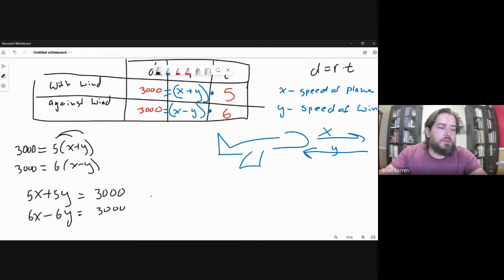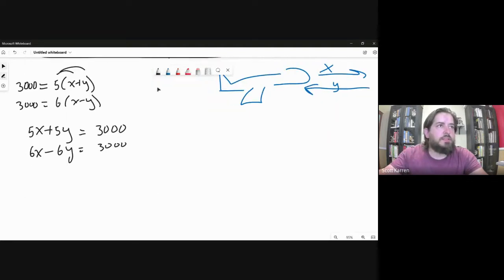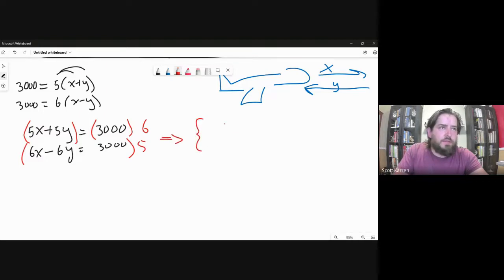Now, all I have to do is multiply the top by a positive 6 and the bottom by a positive 5. I'm just going to get my y's to cancel out because they're already the opposite signs. This gives me the equivalent of 30x plus 30y equals 18,000.